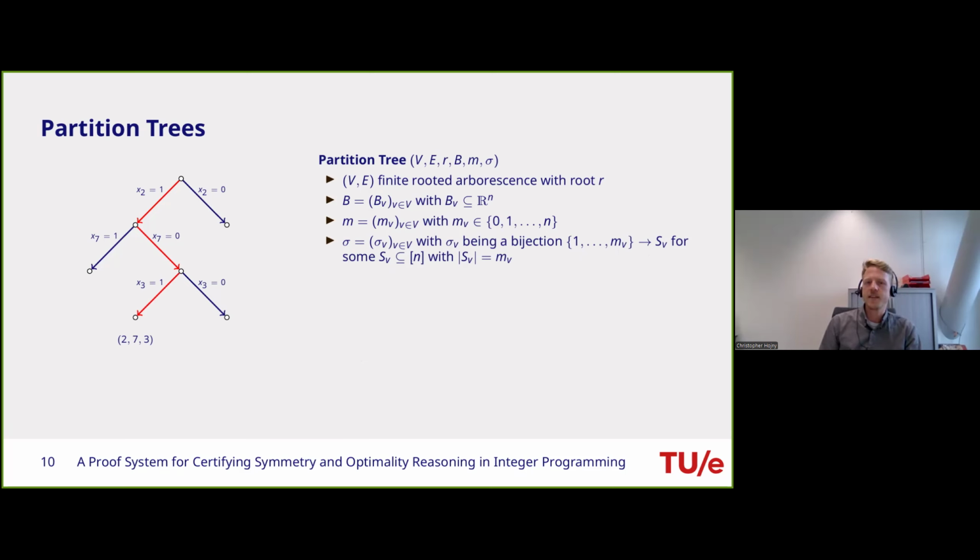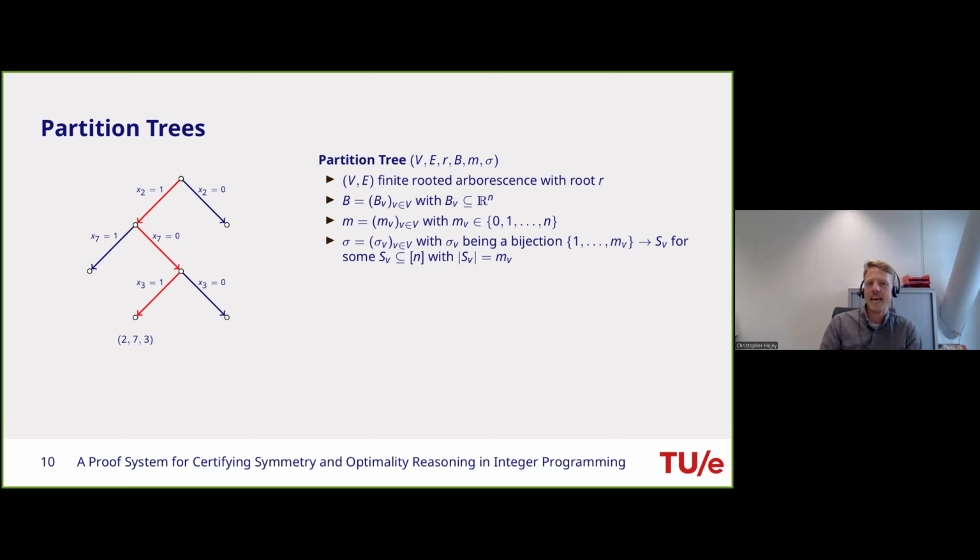This is exactly an abstract notion of defining these partial lexicographic orders from the previous slide. We just select a number of variables, m_v, and then we select some m_v numbers from the set of all the variables that we put into some order, and we want to compare these, and this will define my partial lexicographic order.